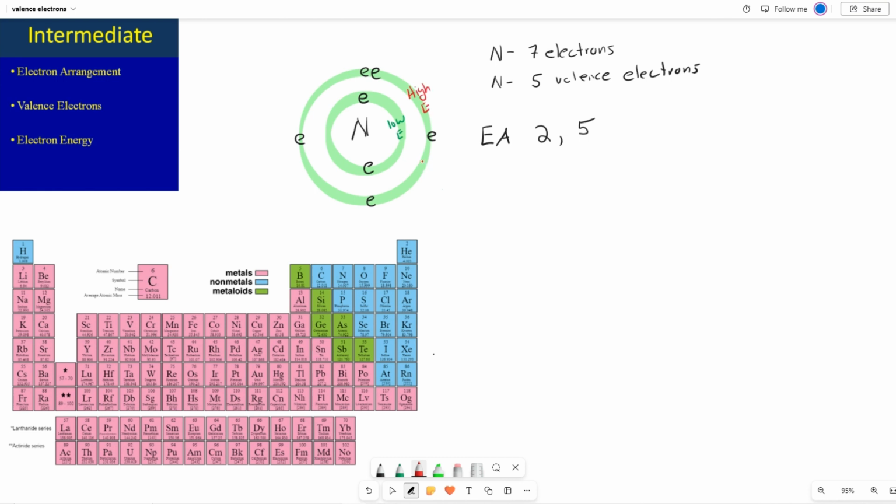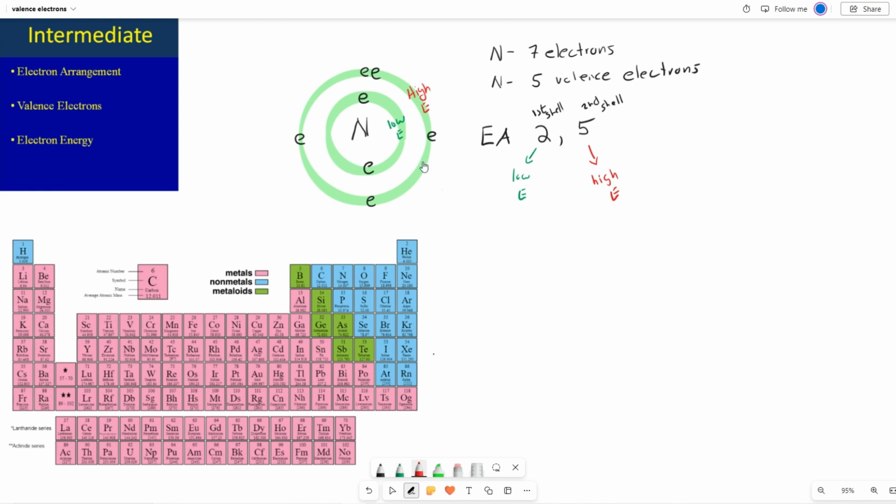energy electrons. So we can see here the electron arrangement kind of tells us this is the first shell electrons, and these are the second shell electrons. These are the low energy electrons, and these are the high energy electrons.